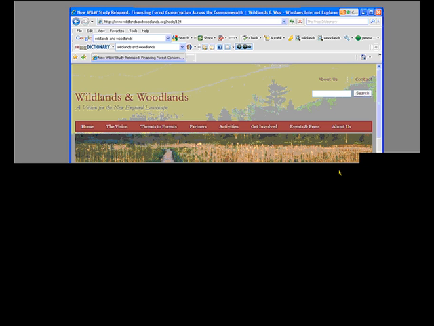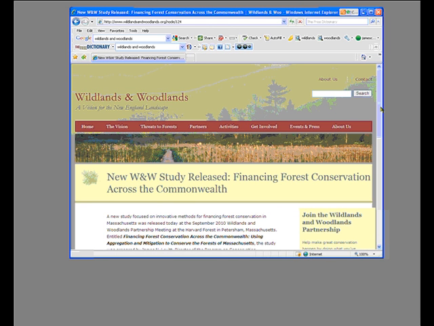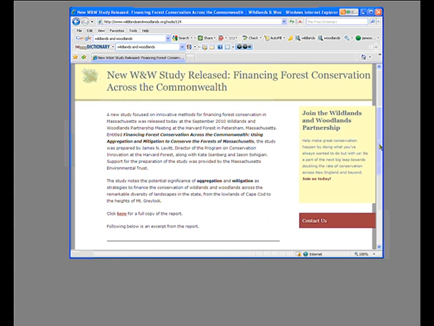It's called Financing Forest Conservation Across the Commonwealth and is available at www.wildlandsandwoodlands.org. You can also get the report by emailing me directly at james_levitt@harvard.edu. The focus of the report is the focus of the two speakers that we have today.